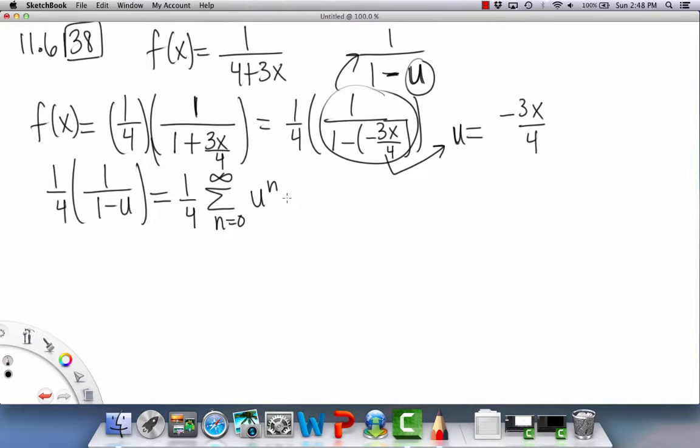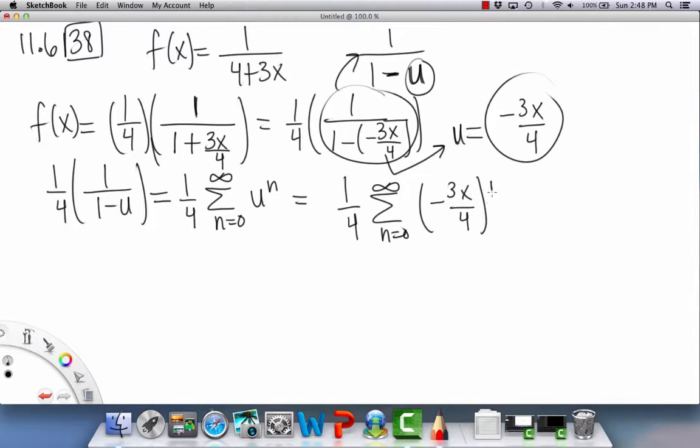Now we can just replace our u with what we found it to be. So this will be 1 over 4 times the infinite series from 0 to infinity of negative 3x over 4 to the n.